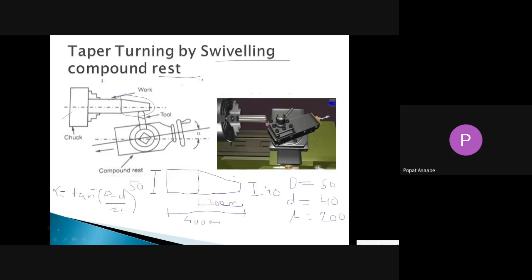Now put all the values: alpha is equal to tan inverse of 50 minus 40 divided by 2 into 200. Please solve this and tell me the value of alpha. Does anybody have a calculator? 1.43.